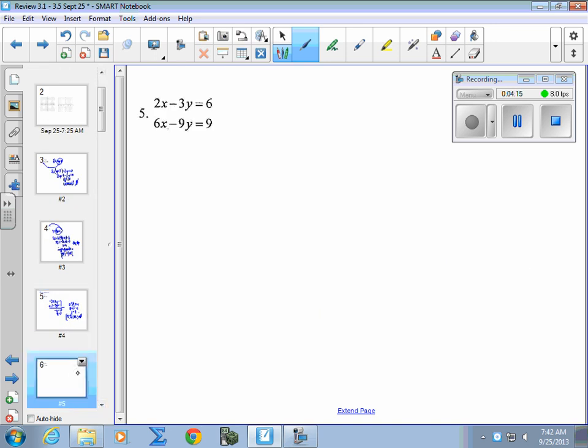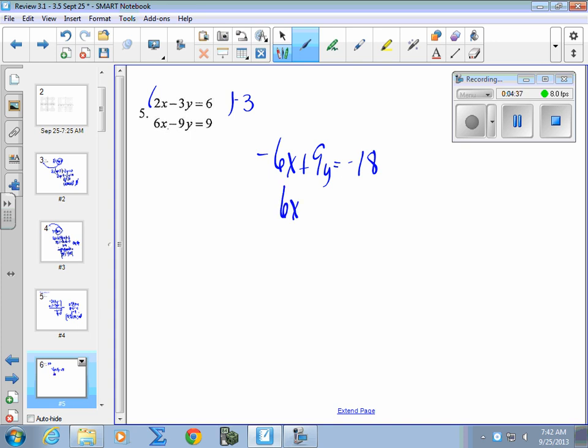On to number 5, we need to decide what we're going to eliminate. So are we going to eliminate x or y? If we eliminate x, we'd have to multiply the top equation by negative 3. So if we multiply the top equation by negative 3, we get negative 6x plus 9y is equal to negative 18.